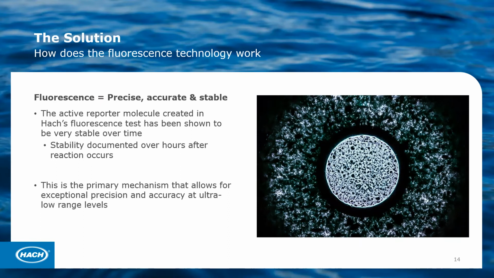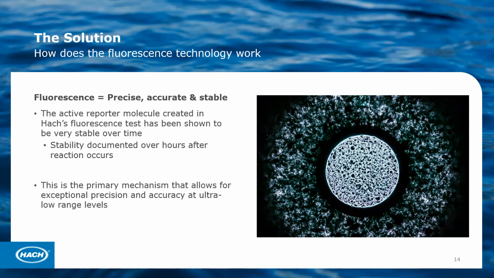If you're familiar with colorimetric tests, for instance, you've grabbed a sample, added it to your sample cell, cracked open a powder pillow from Hach or some other provider of DPD, and added it to your sample, and you have to wait a given amount of time. You measure at 2 minutes, let's say, and then out of curiosity, you measure again a minute later, and again a minute later, and again a minute later. And every time your reading just goes up and up and up. And you wonder, well, how do I know what's right?